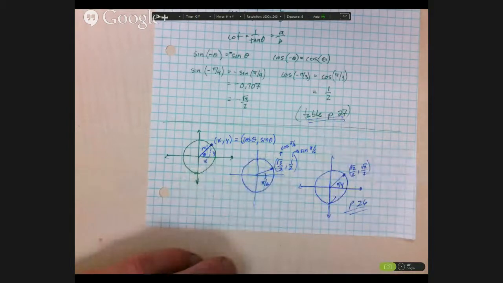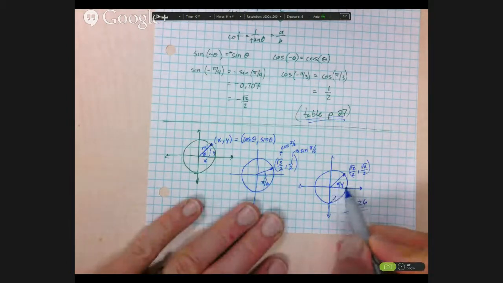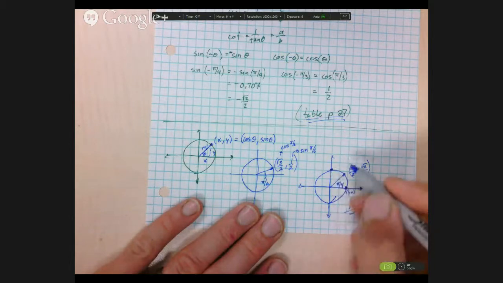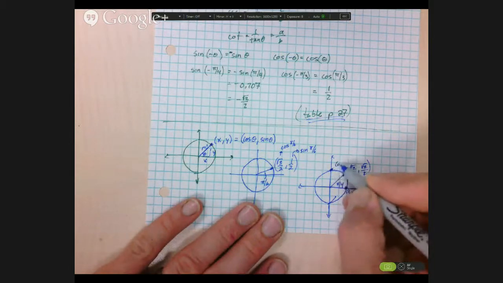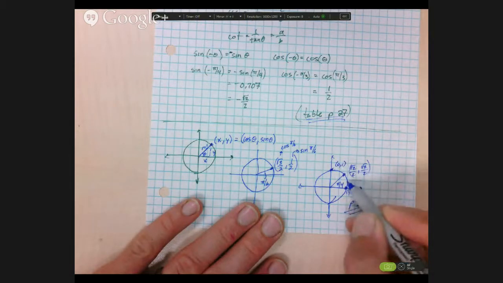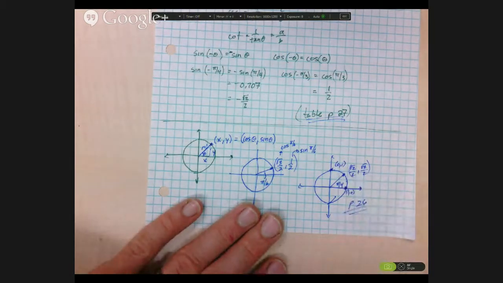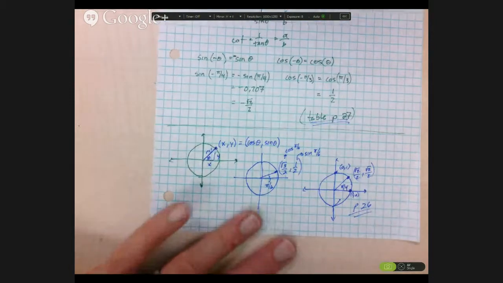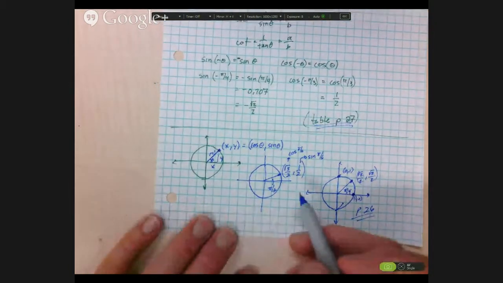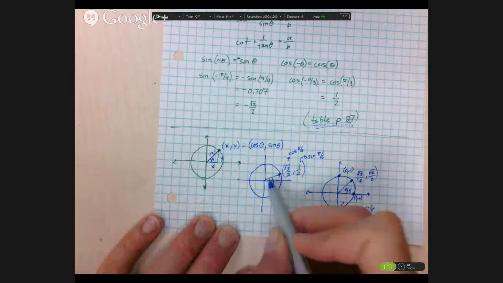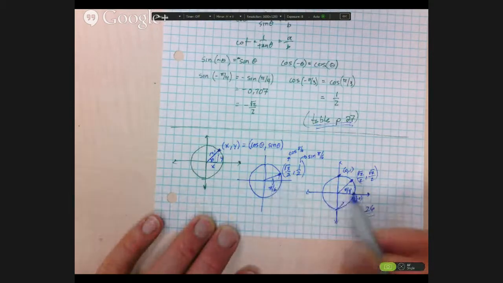All right? They're very important. You'll find it very easy to do 0 degrees, which is 1, 0, and 90, or pi over 2, which is 0, 1. The 3 you have to memorize are 30, 45, and 60. Okay. They correspond to special right triangles, 30, 60, 90, and 45, 45, 90, oddly enough.